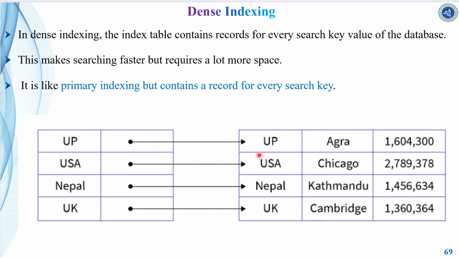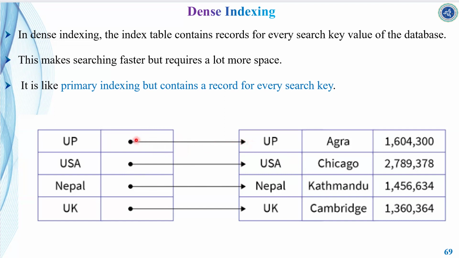Here, this is the main table, and the field values are UP, USA, Nepal, and UK, right? For every entry, there will be an index value also. Here in this table also, there will be an entry for every entry in the main table. And the second field is a pointer. The pointer will be pointing from this to the address of this location.